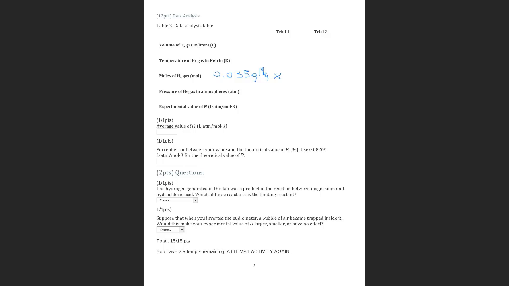We know that 1 mole of magnesium, the atomic weight is 24.31 grams.